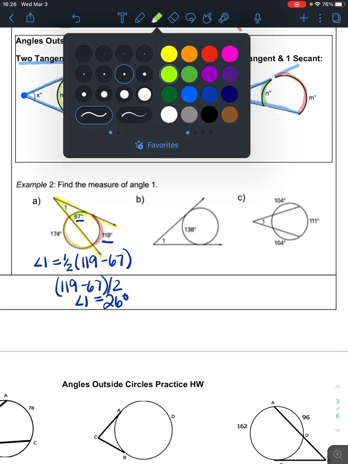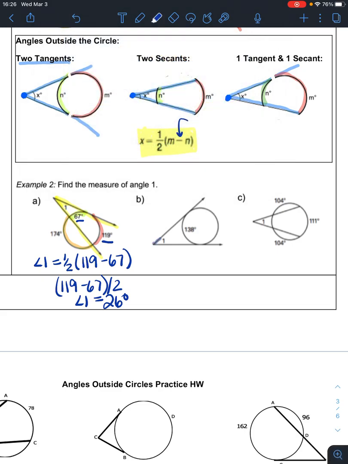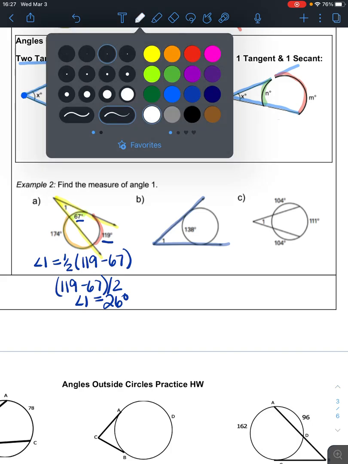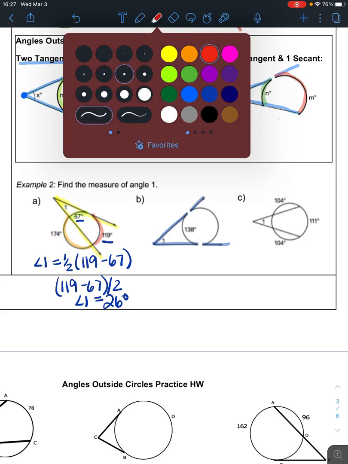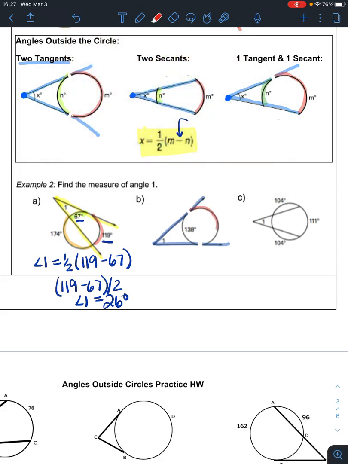Now, let's look at this next one. This next one kind of creates a little bit of a problem. So here's angle 1. Angle 1 touches the circle. Notice that it broke here and here, if it helps you to see those two little pieces. So I have those two pieces, and I know that I need to subtract them, but the problem is I don't know how big that red piece is.